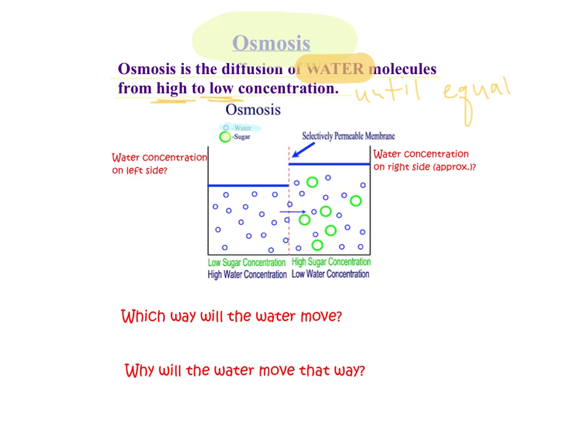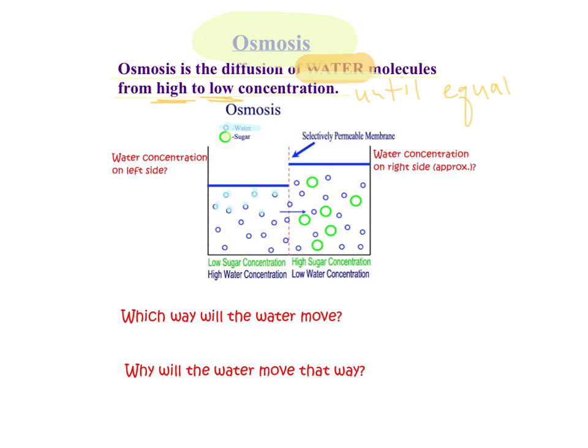When we are talking about osmosis, which now your brain should be thinking, osmosis is the diffusion of water. So I know if Mrs. O says the word osmosis, or if I read the word osmosis, we are talking only about the water molecules. So when we're looking at this picture to talk about osmosis, we are talking only about the water molecules.